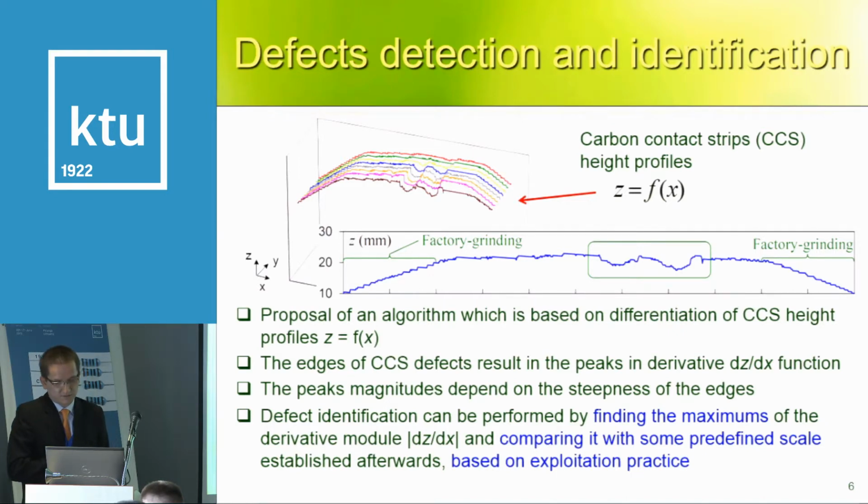We expect that the edges of carbon contact strip defects result in peaks in the derivative function, and those peak magnitudes depend on the steepness of the edges. So defect identification can be performed by finding the maximums of the derivative module and comparing with some predefined scale established afterwards based on exploitation practice.